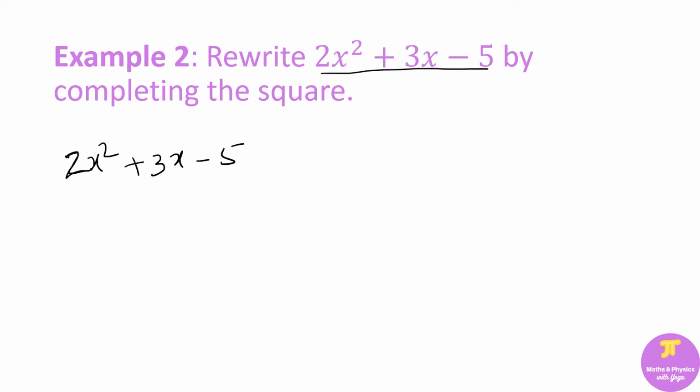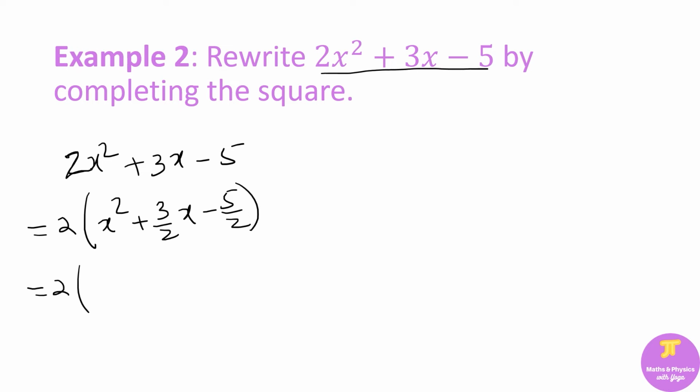So what we are going to do is take the 2 outside. If we take 2 outside, this expression becomes 2 times, x squared plus 3 over 2 x minus 5 over 2. So we keep writing the 2 outside.